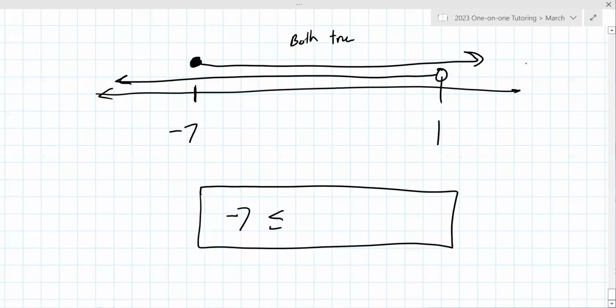Oh, I didn't give you a variable, so let's call it x. What's the inequality that goes here? We got the x. What's the symbol? Is it this one or this one? The first one. Yes. Very good.